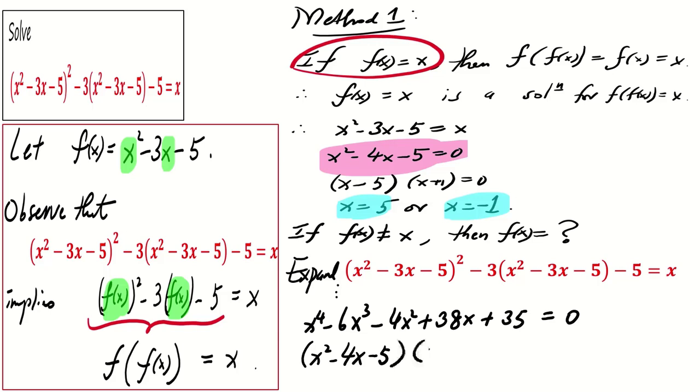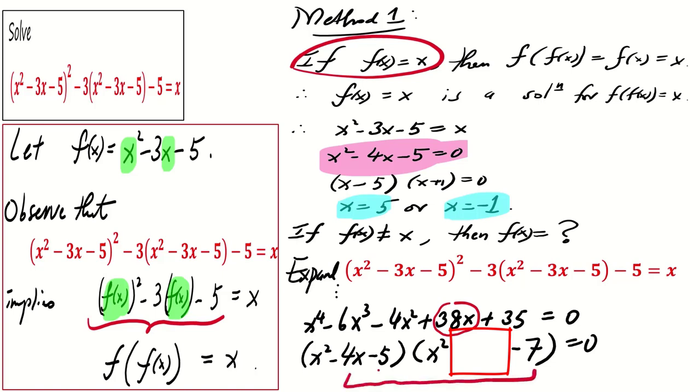For the other factor, it must be a quadratic expression with leading coefficient 1 and the constant negative 7, so that the multiplication of negative 5 and negative 7 gives us 35. So we just need to focus on the coefficient of x in this factor. In order to do that, we will focus on the term in x in the expression. So the term in x can be obtained by the following method.